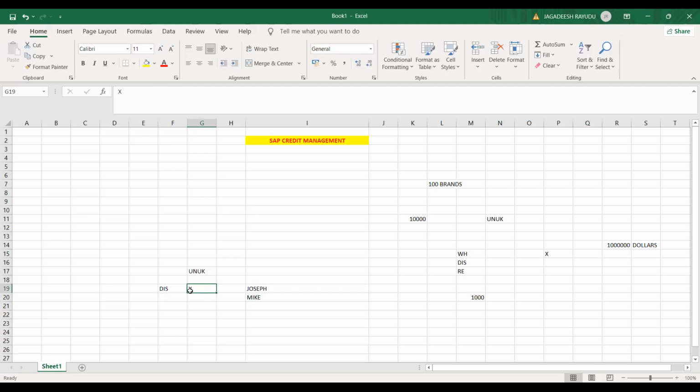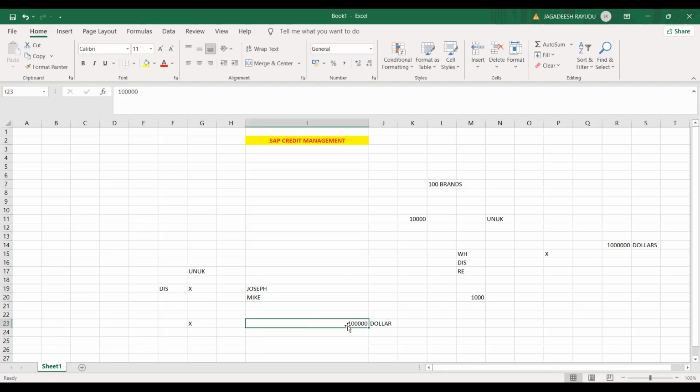So you have a certain time limit, right? To manage that time limit, my UK sales organization says, hey brother, distributor X, you can take the credit limit. Your credit limit is 1 lakh dollar.